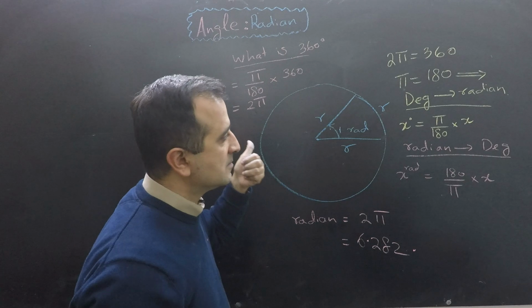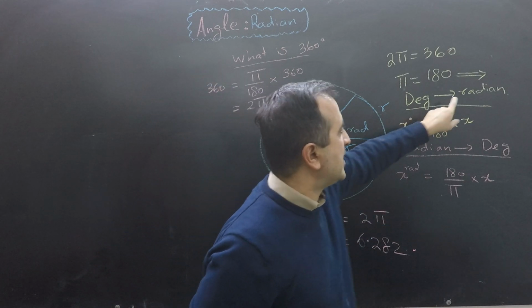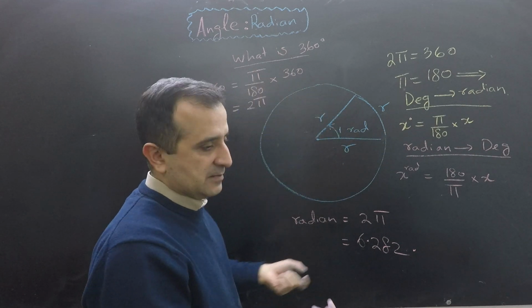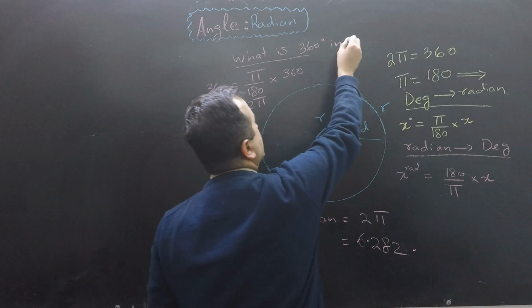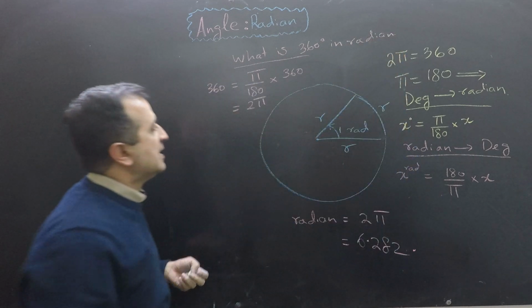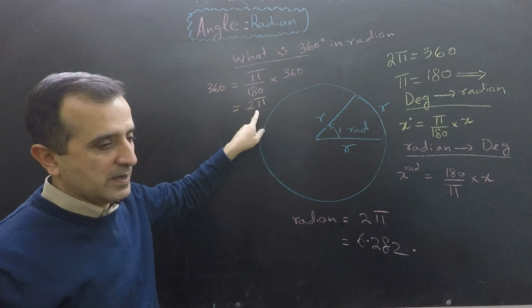The formula over here says 180 over pi, but I am using this formula, degrees to radians, to find 360 degrees in radians. So 360 degrees is equal to pi over 180 times 360, which is 2 pi.